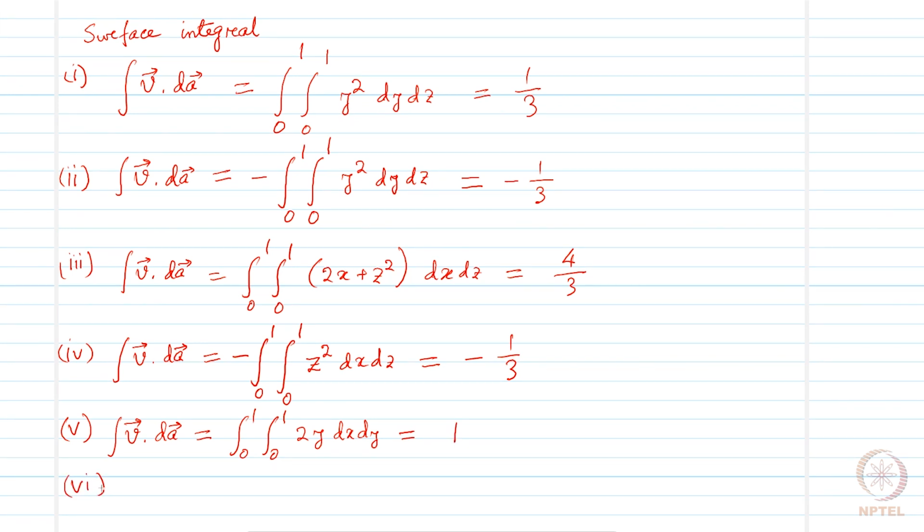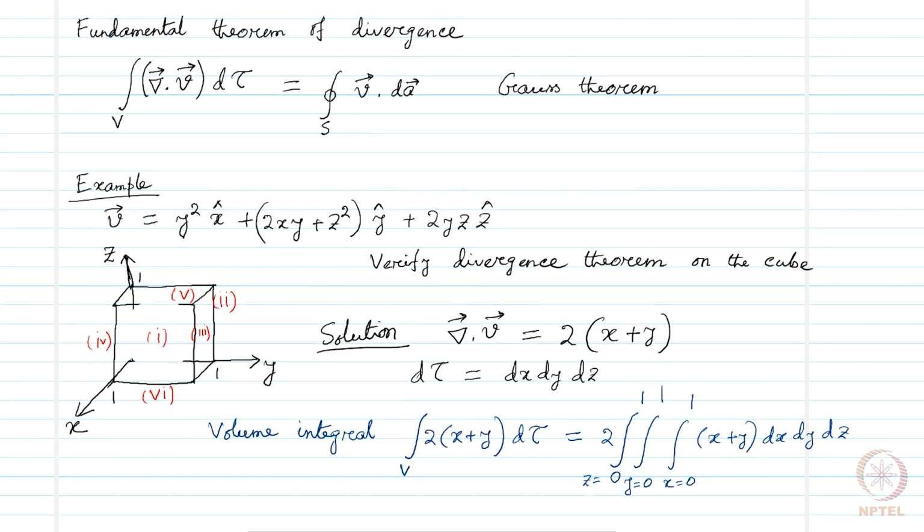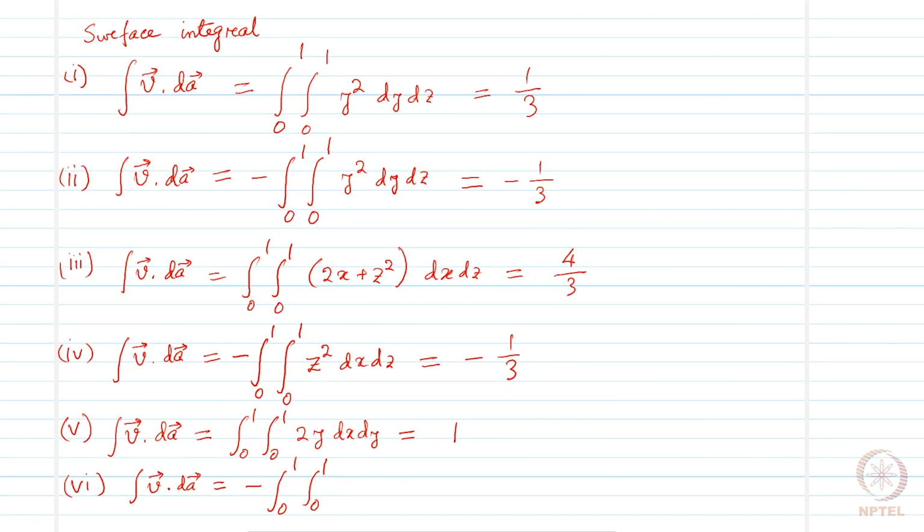On surface 6, we have the integration of V dot dA equals again a minus sign, 0 to 1, 0 to 1, two integrals, and because on surface 6 we can see y equals 0 here, we will have 0 dx dy, so the contribution from here will be 0.